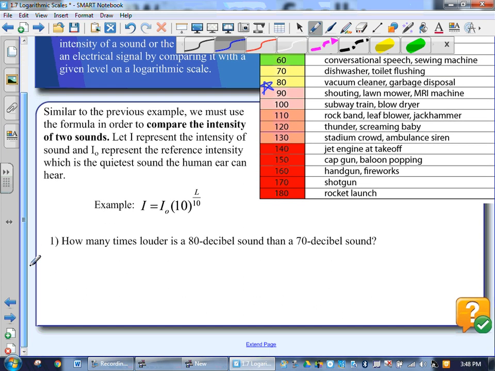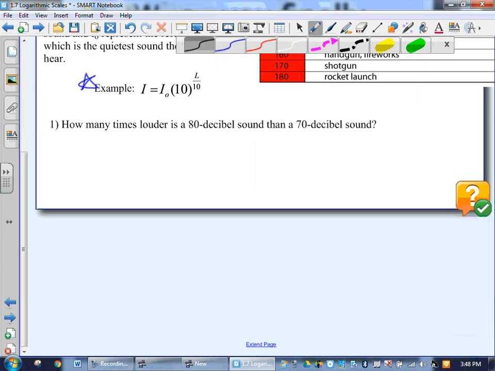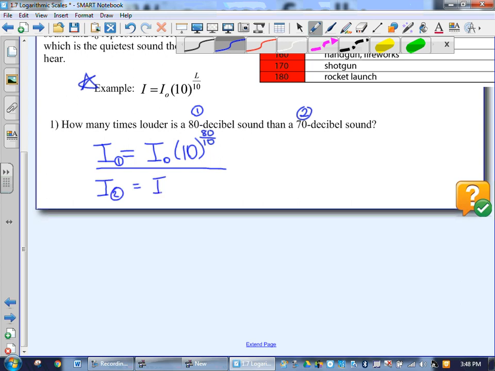Now, how many times louder is an 80 decibel sound than a 70 decibel sound? Okay, well here's my first loudness and there's my second one. So the intensity of the first is going to be that reference intensity times 10 to the power of 80 divided by 10, all over my second intensity, which is equal to my reference intensity times 10 to the power of 70 over 10.